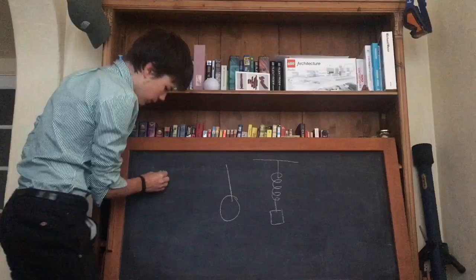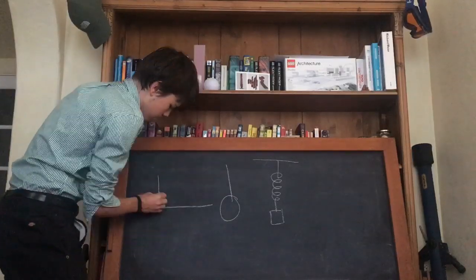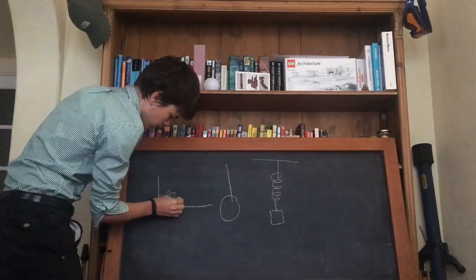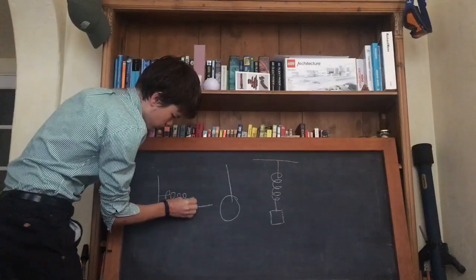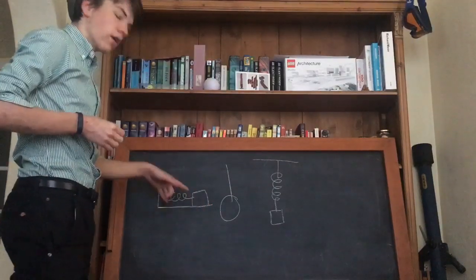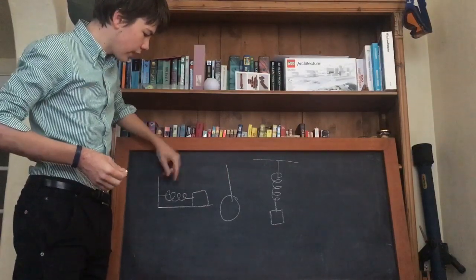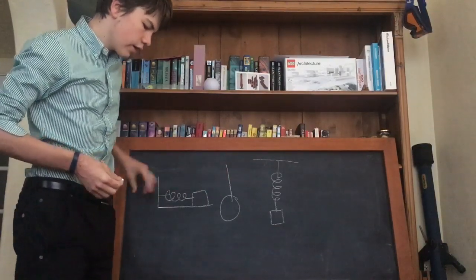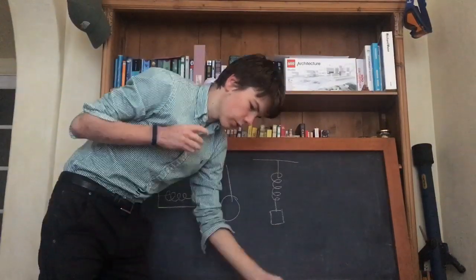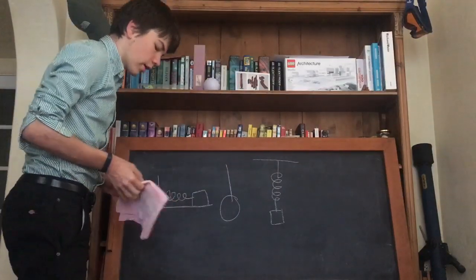Or even a spring on its side, where it is first pulled or compressed, then let go, and it'll be oscillating. So those are usually the things that we're talking about when we're talking about simple harmonic motion.